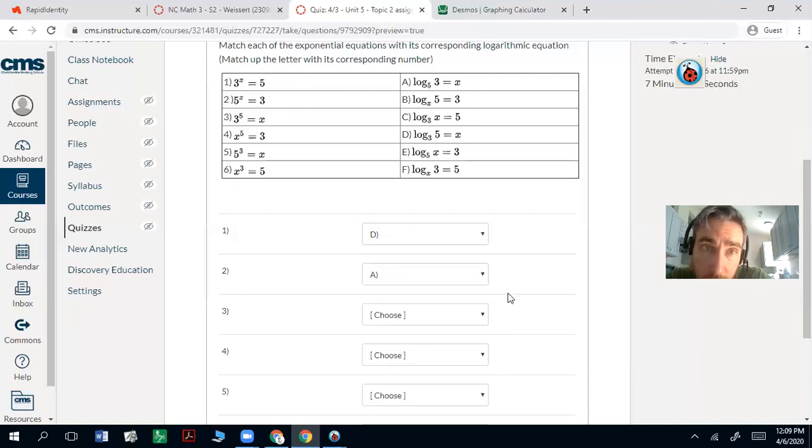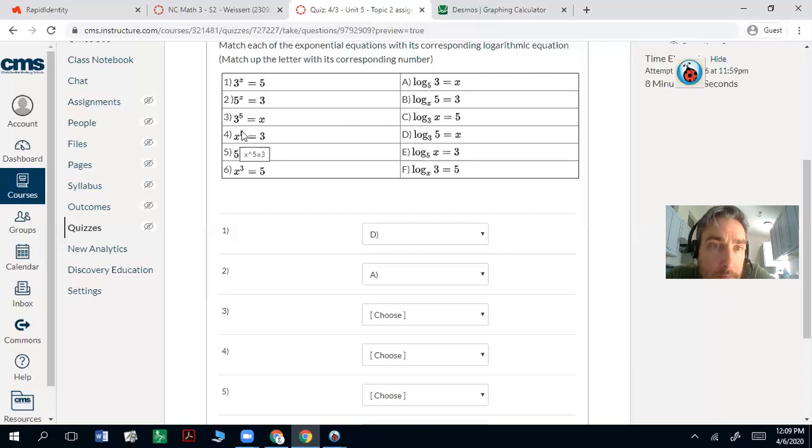And I'll do number 4. So 4 is x to the 5th equals 3. Which one is the base, x, 5, or 3? Well, it's going to be x. So let's go find one that has a base of x. Well, B has a base of x. So does F. So let's see.